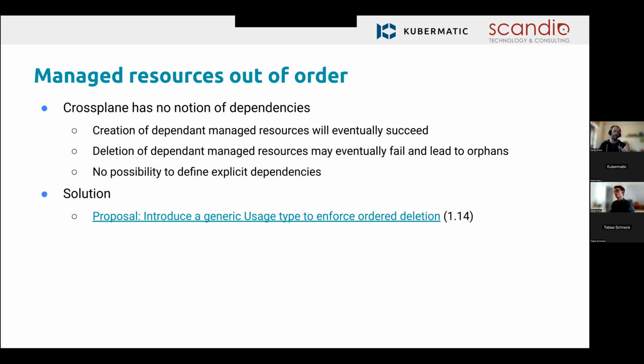So currently, there are some workarounds for some situations. However, there's no generic solution up until now. There exists a proposal to introduce a generic usage type to enforce the order of deletion. But up until then, you should be careful and test if the deletion works as expected.